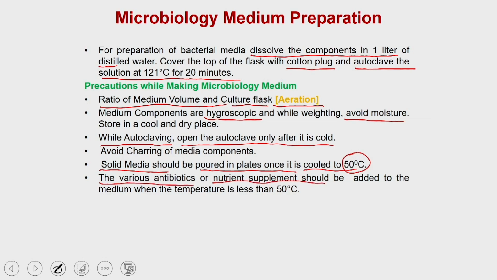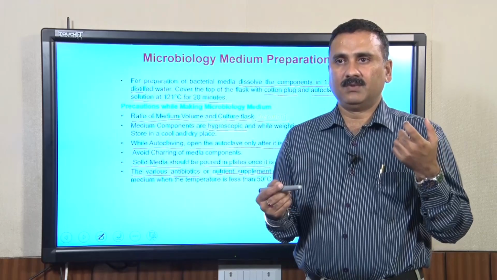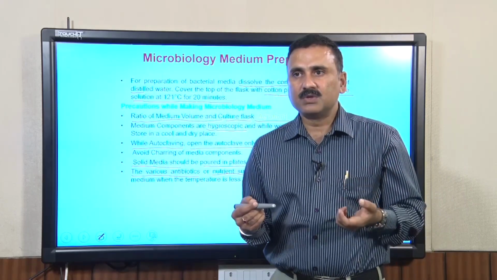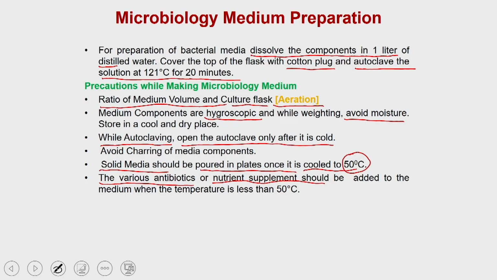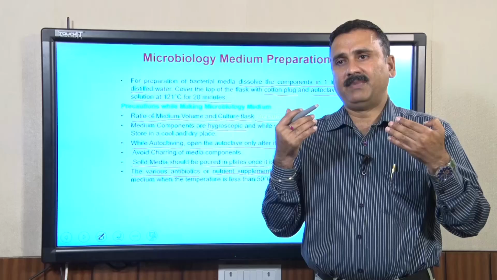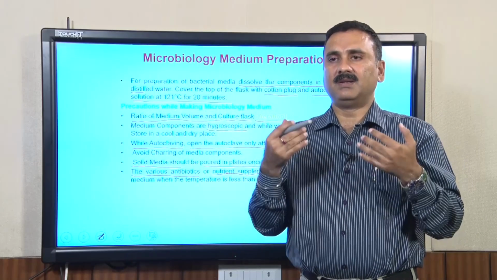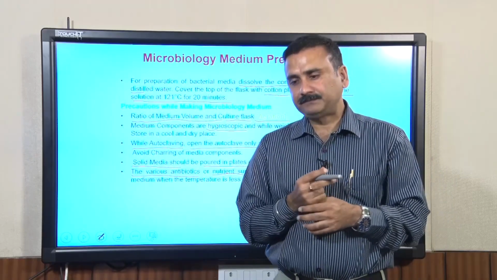For example, if you have to add glucose as a carbon source, you have to wait for the media to cool down to 50 degrees, and only then add it, and then you use this media for bacterial growth as well as other prokaryotic cell growth.